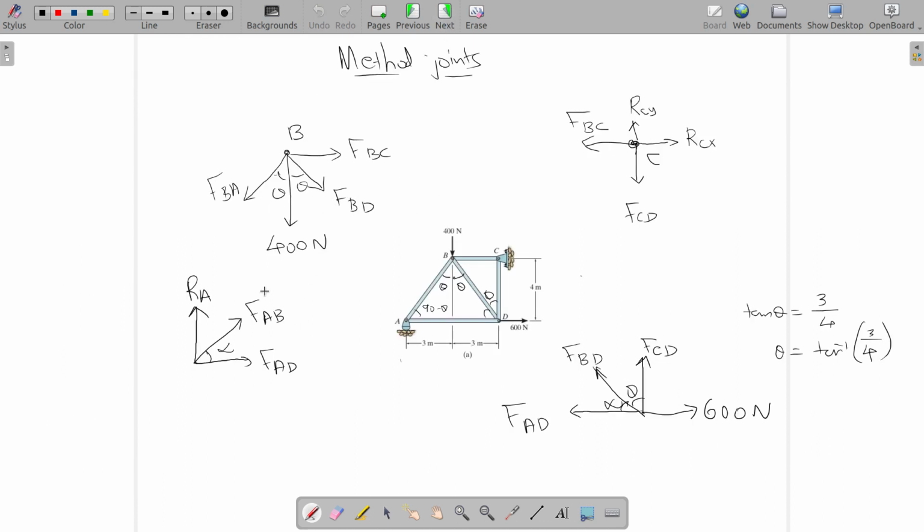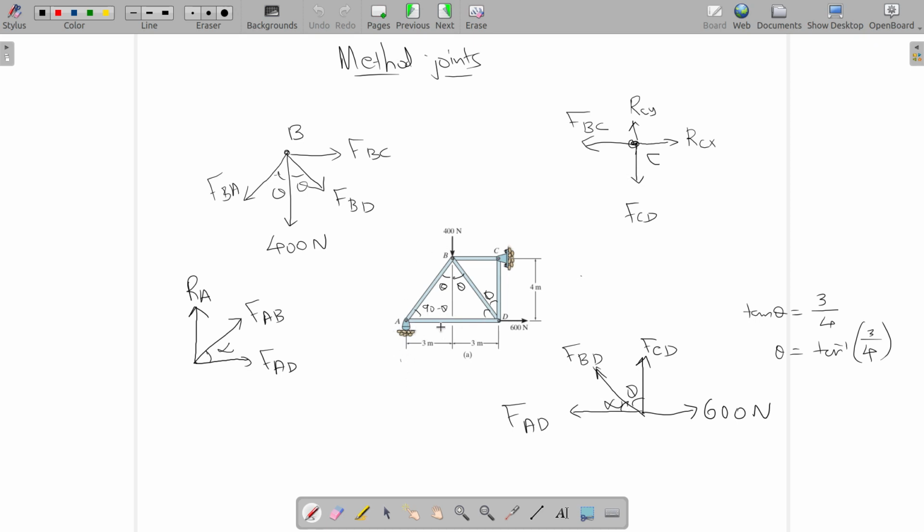Here you can't do that because there are too many unknowns. So what you need to do here, not only here, for all problems, first start by finding all support reactions.